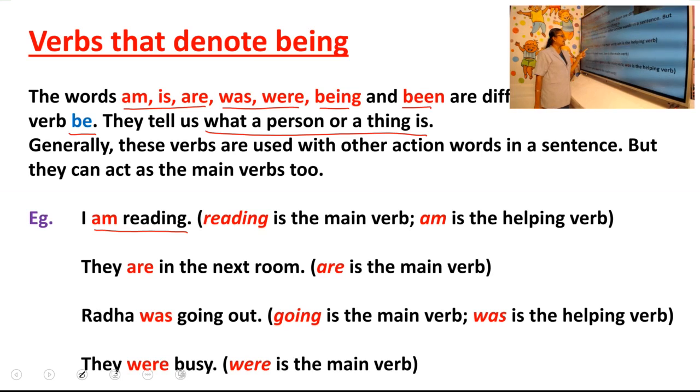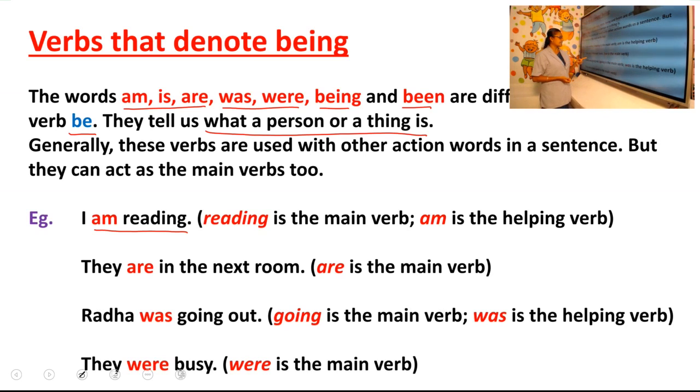So, which is the main verb here? Reading is the main verb. And here, am acts as a helping verb. They help the main verb, the action word. So in am reading, am is the helping verb, and the main verb is the doing word, reading.